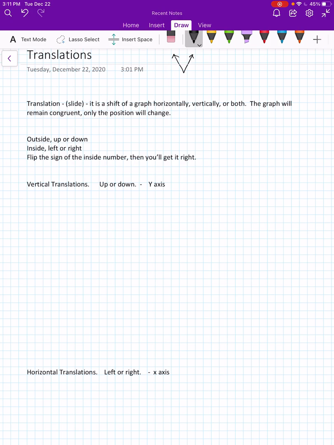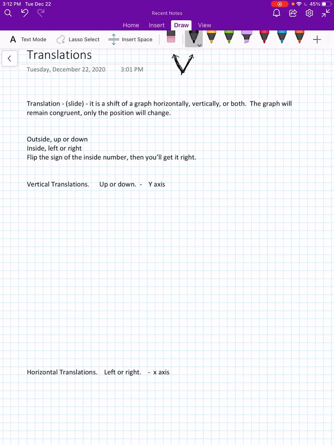A translation or a slide is a shift of a graph horizontally, vertically, or both, and the graph will remain congruent, only the position will change. So this V is not going to change in size.